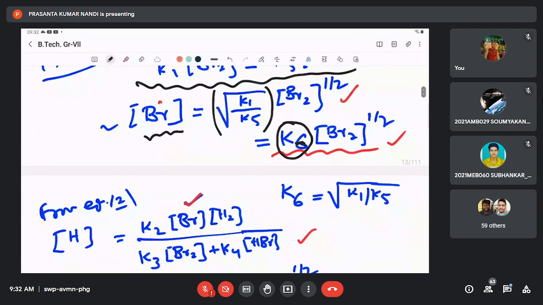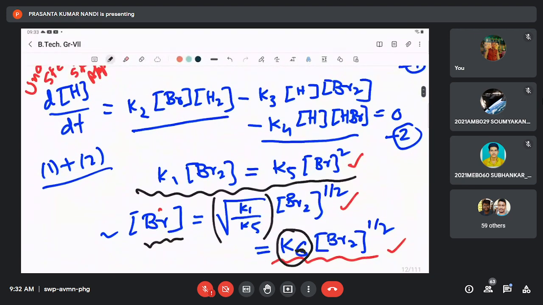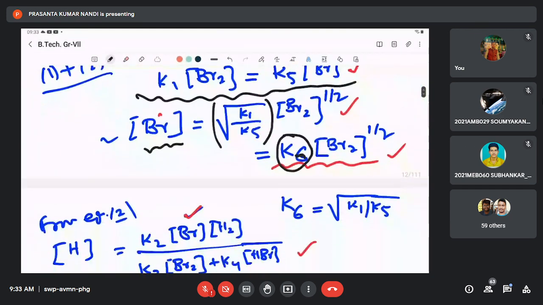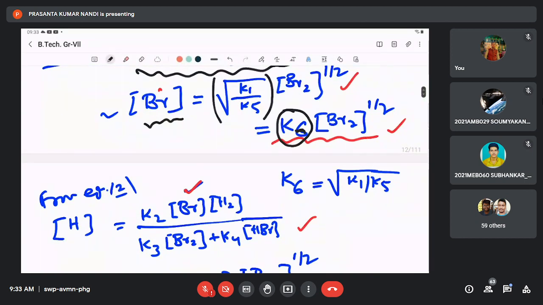Now from equation 2, that is d[H]/dt equal to 0, from this expression alone one can express the concentration of the hydrogen free radical in this form. And in the right hand side, you see all the species are stable excepting Br dot.